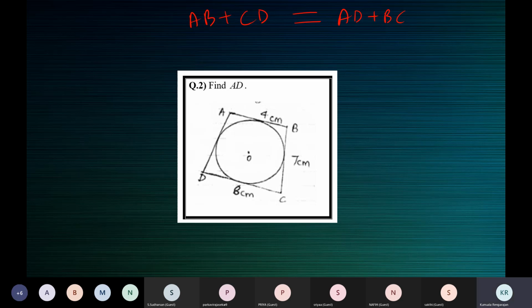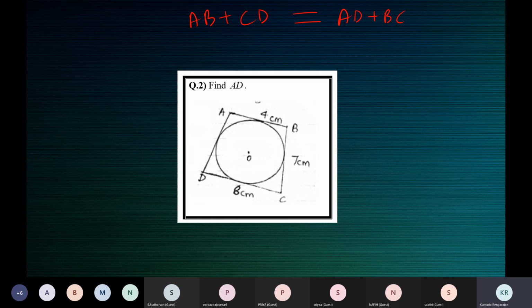The quadrilateral is outside, the circle is inside. That is, the circle is inscribed in the quadrilateral. The quadrilateral circumscribes the circle. The sum of the opposite sides of the quadrilateral are equal. So AB plus CD is equal to AD plus BC.